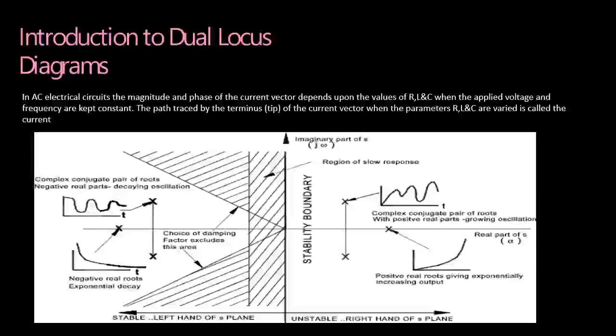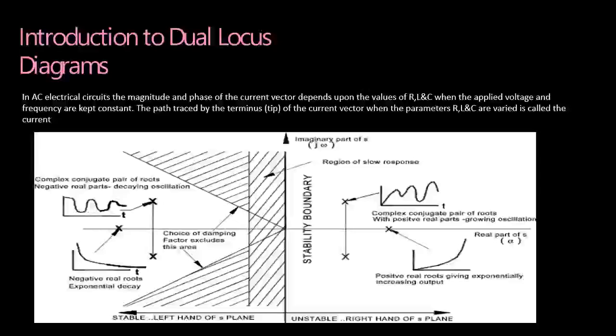When the applied voltage and frequency are kept constant, meaning the voltage source which is applied and the frequency are kept constant, the path traced by the terminus tip of the current vector, when the parameter of RLC is varied, is called the locus. We can see the diagram.